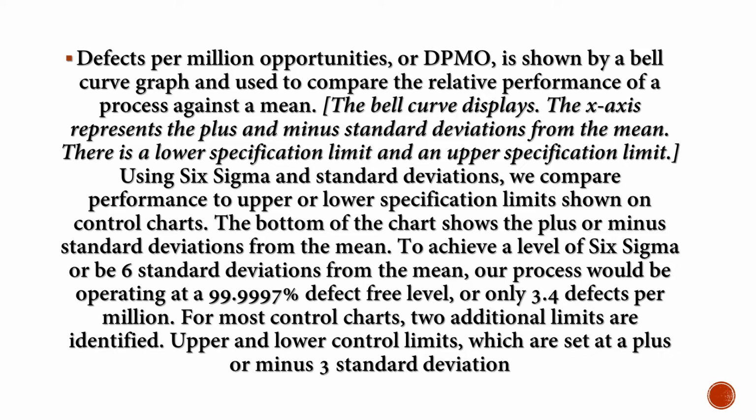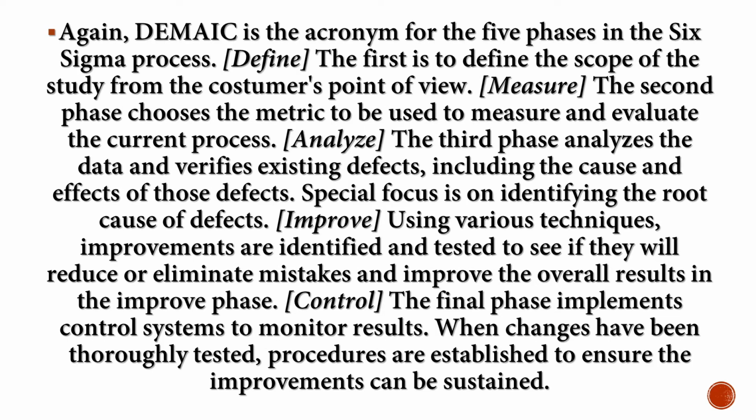For most control charts, two additional limits are identified: upper and lower control limits, which are set at plus or minus 3 standard deviations. So again, DMAIC is the acronym for the five phases in the Six Sigma process.